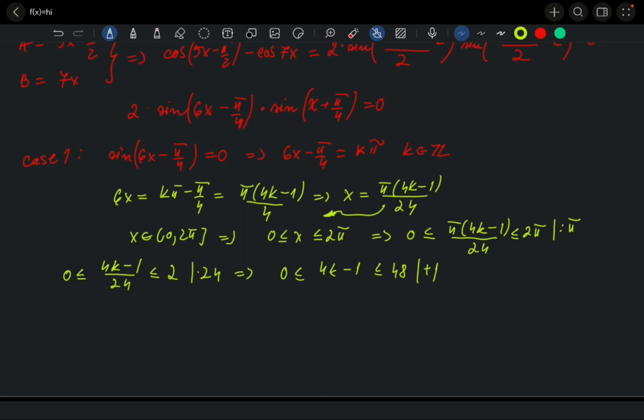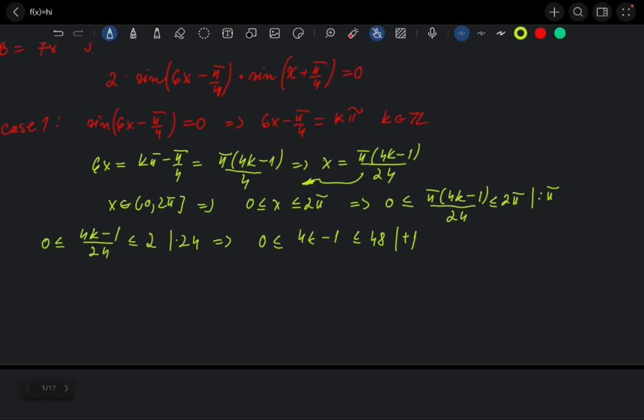We add 1 to all the terms, and we'll get 1 is less than or equal to 4k, which is less than or equal to 49. Now we divide the double inequality by 4, and we'll get 1 over 4 is less than or equal to k, which is less than or equal to 49 divided by 4.